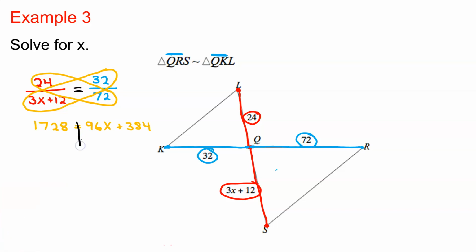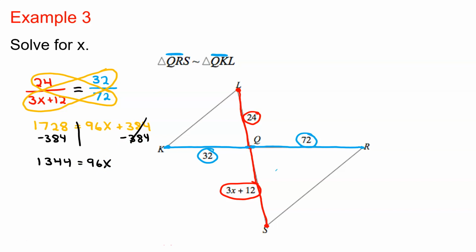Great, it's a 2-step equation here. What I'm going to do is go ahead and subtract 384 from both sides, minus 384. So what is that going to give me? That's going to give me 1,344 is equal to 96x, because those, of course, canceled out.